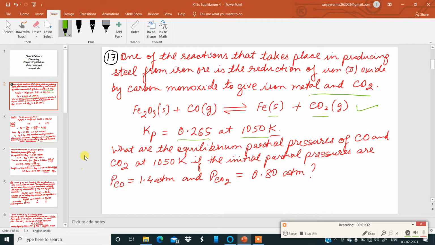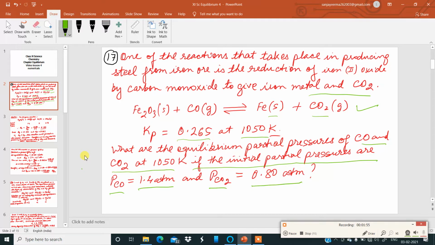Now they are asking what are the equilibrium partial pressures of carbon monoxide and carbon dioxide at the same temperature, if the initial partial pressures are 1.4 atm for carbon monoxide and 0.80 atm for carbon dioxide. Okay, this is the question.